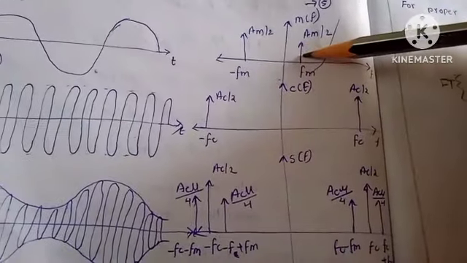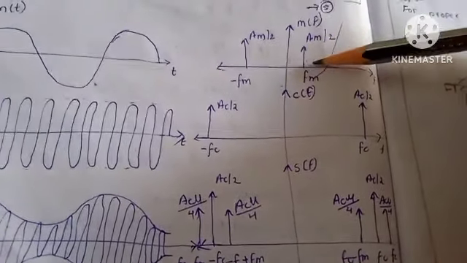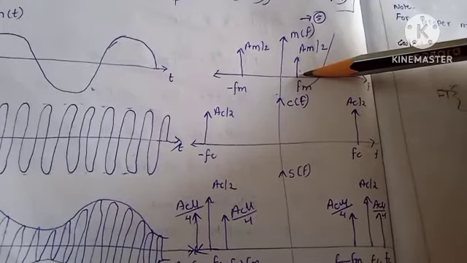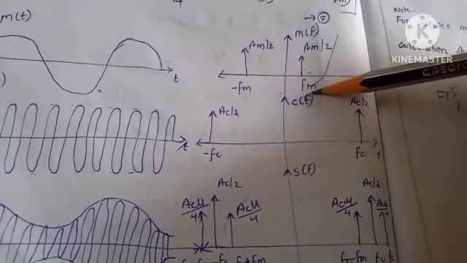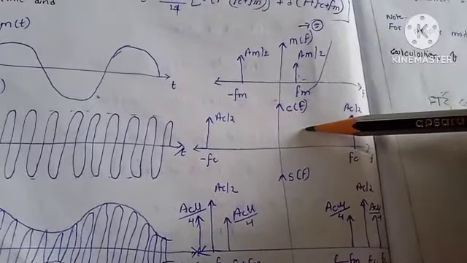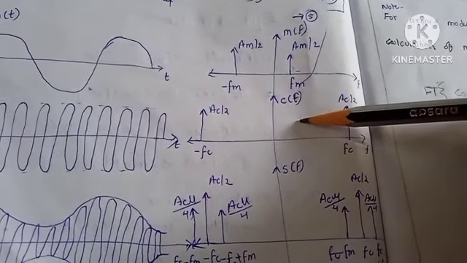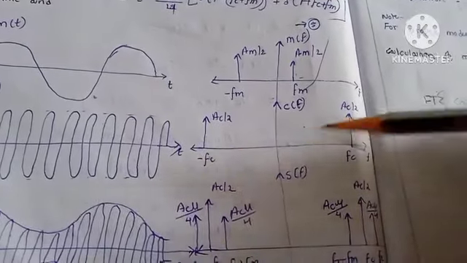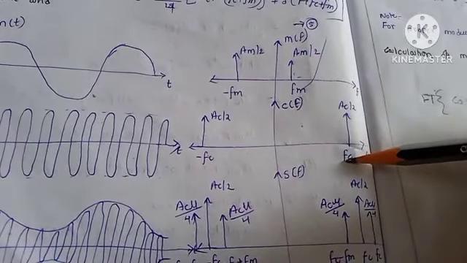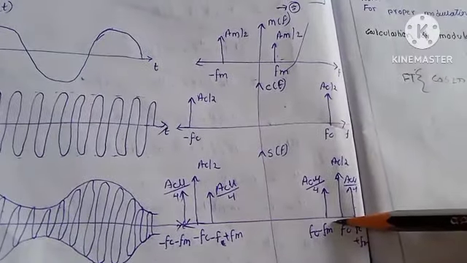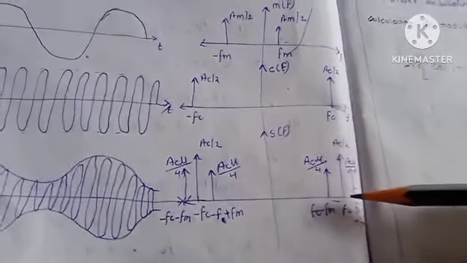This is m(t) and M(f), which is the Fourier transform of m(t), a low frequency signal. This one is the carrier signal, which has a high frequency compared to the message signal, and the final one is the amplitude modulated signal in the frequency domain.